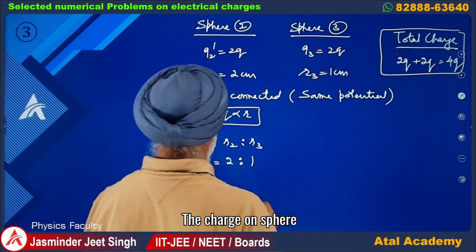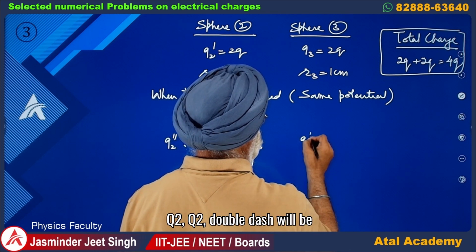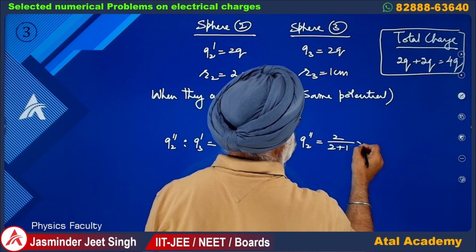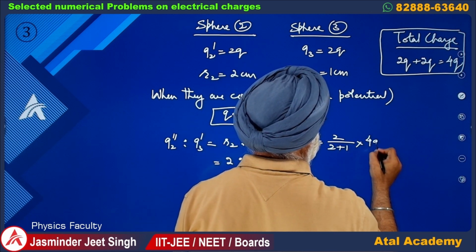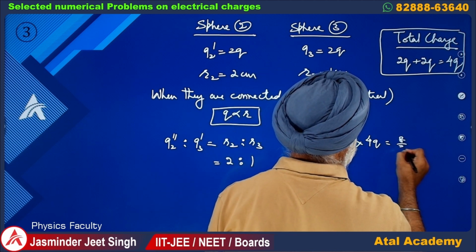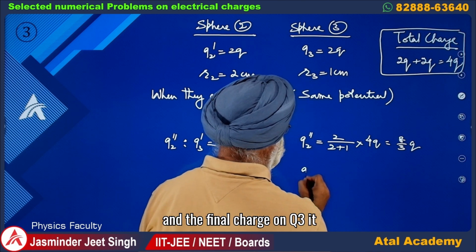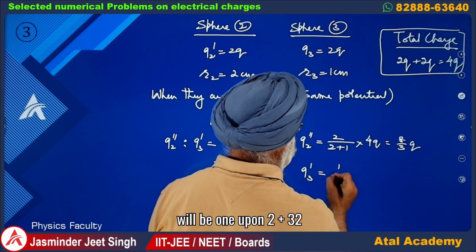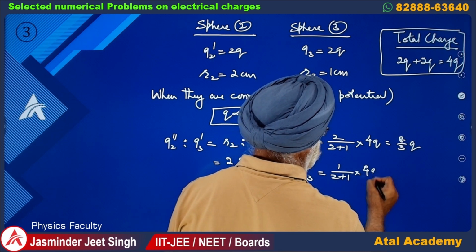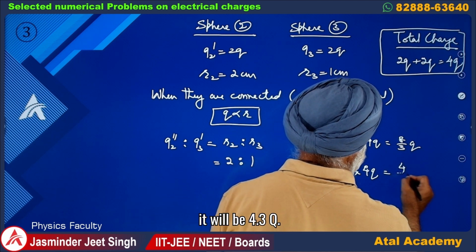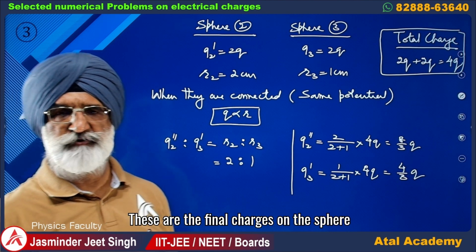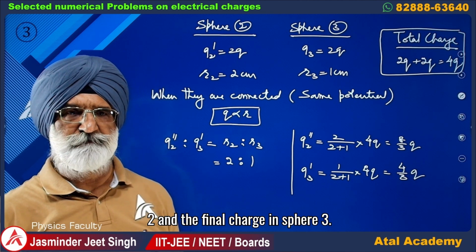The charge on sphere 2, Q2 double dash, will be 2 upon 2 plus 1 into 4Q. That will be equal to 8 upon 3Q. And the final charge on Q3 will be 1 upon 2 plus 1 into 4Q. It will be 4 upon 3Q.